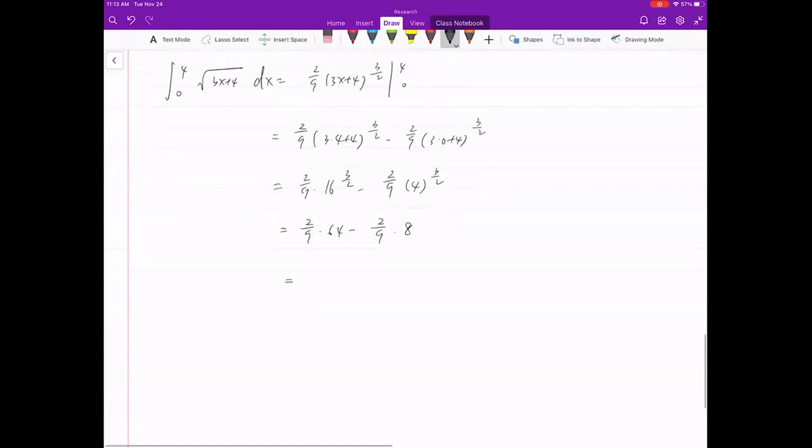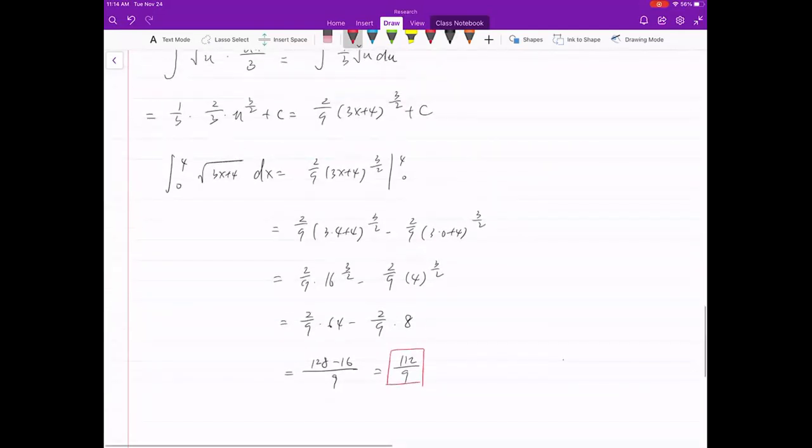Okay, together it's 128 minus 16, which is 112 divided by 9. There's no way you can simplify anymore, so that's the simplest answer you can get. Sounds good?